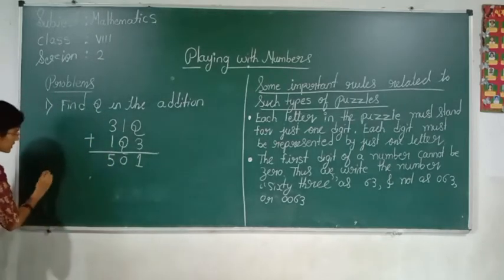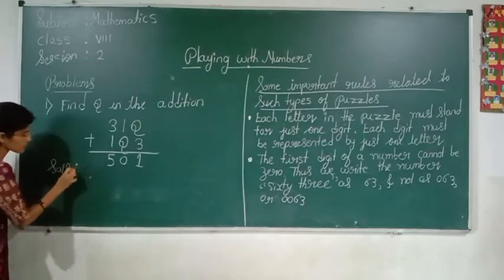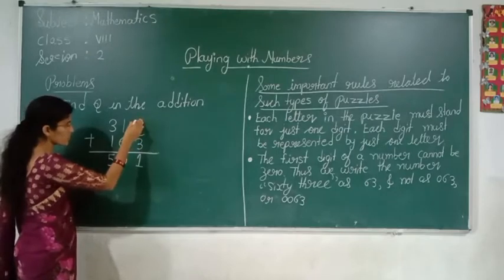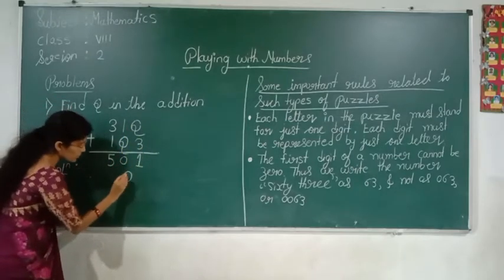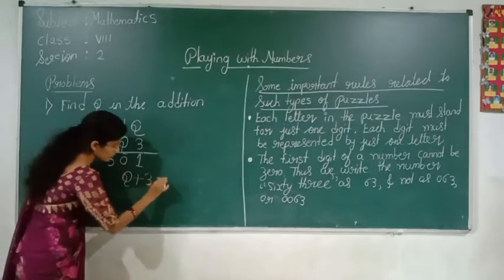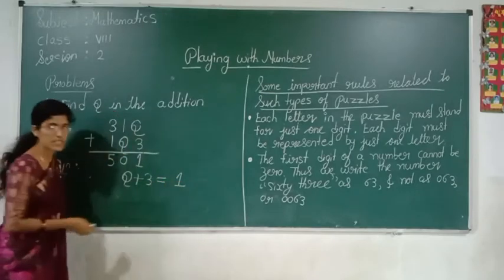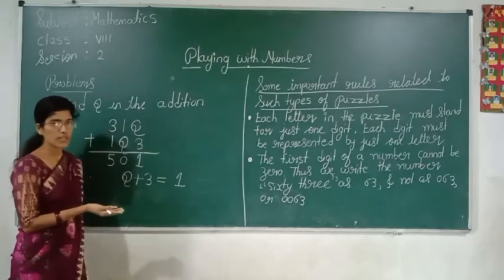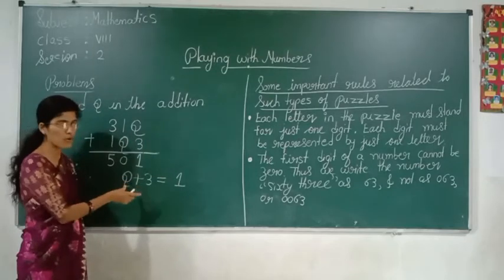Now see here, students, the solution: how do we solve this? Go from the units place. q plus 3 is equal to 1. When is q plus 3 equal to 1? It is not possible, right?